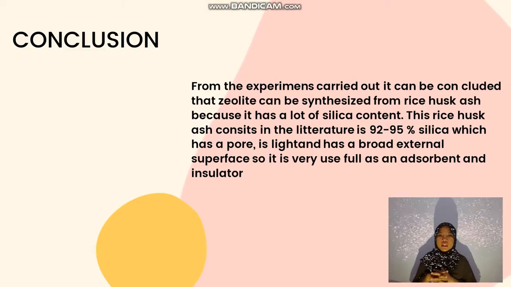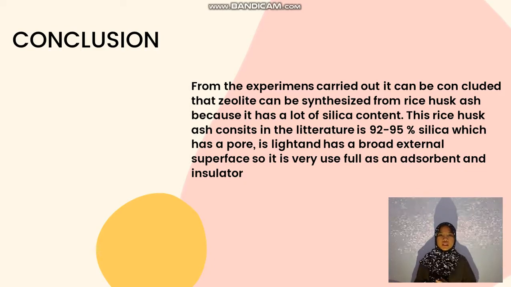So the conclusion is, from the experiment carried out, it can be concluded that zeolite can be synthesized from rice husk ash because it has a lot of silica content.